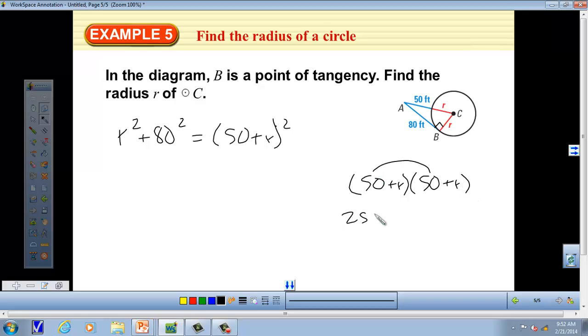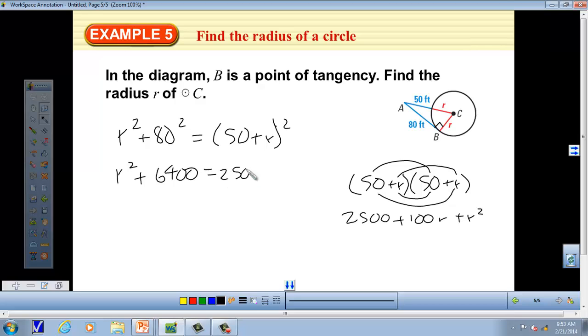So we'd get 2500. Outer terms are 50r, inner terms are 50r, so we get 100r here, and then the last term gets me r squared. So here we have r squared plus 6400, and this gives me 2500 plus 100r plus r squared. The nice thing about this is when we subtract r squared from both sides, those cancel out.